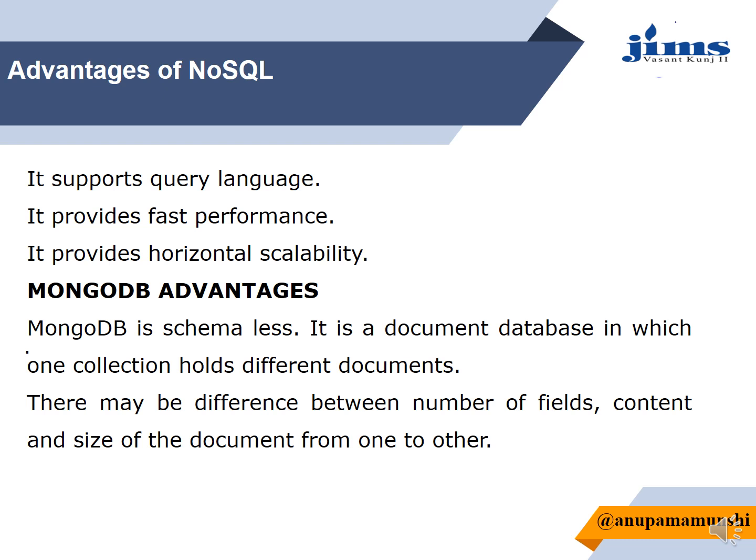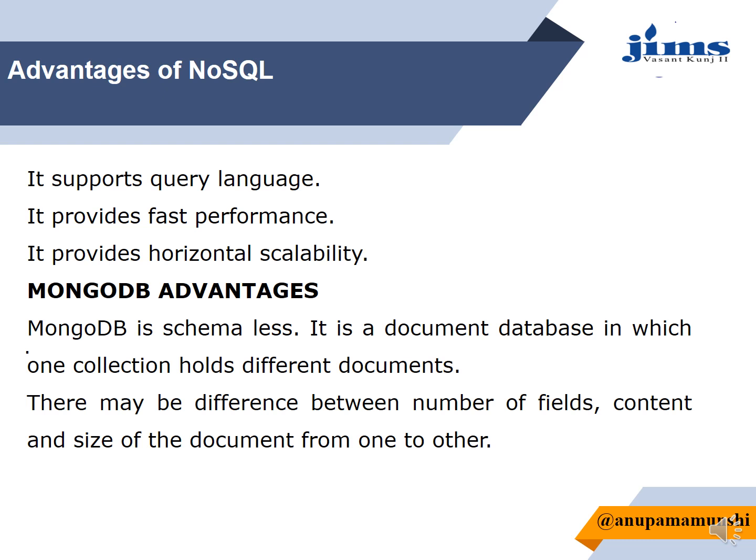Now, what are the advantages of MongoDB? It's schemaless. It's a document database, as I already said, in which the collection holds different documents. Like in relational database management systems, we had a database and the database had many tables. Similarly, in MongoDB, there are no tables as such because we are not dealing with relational database management systems.